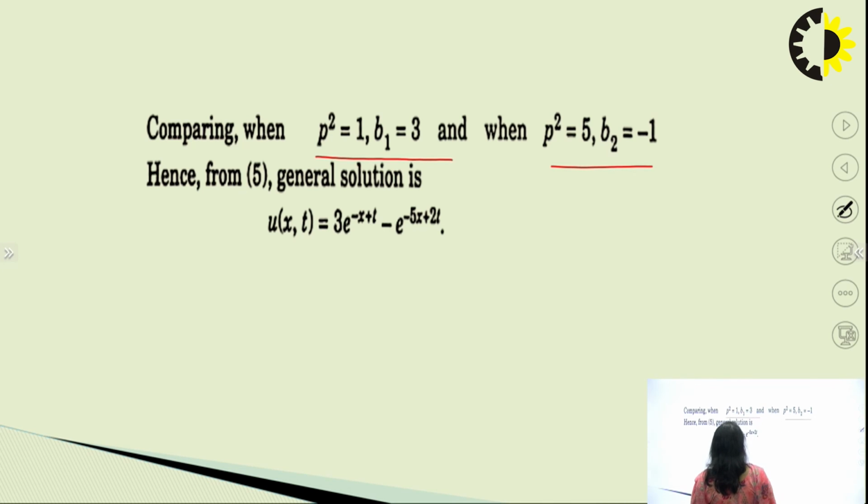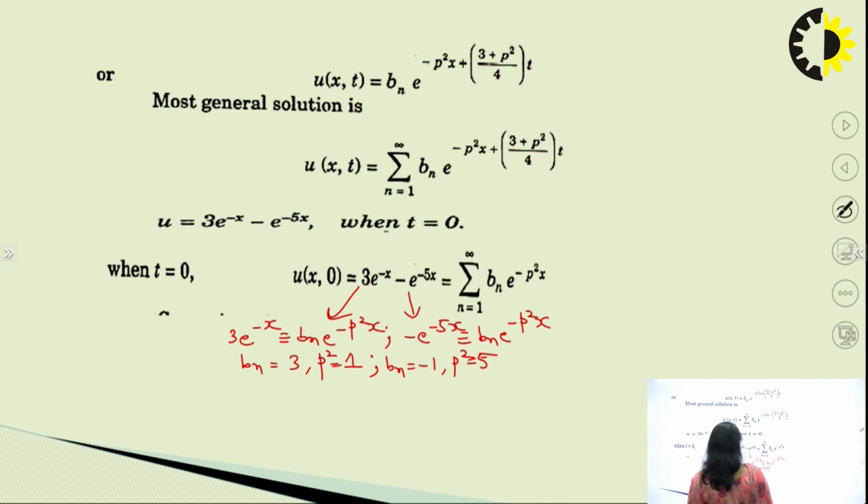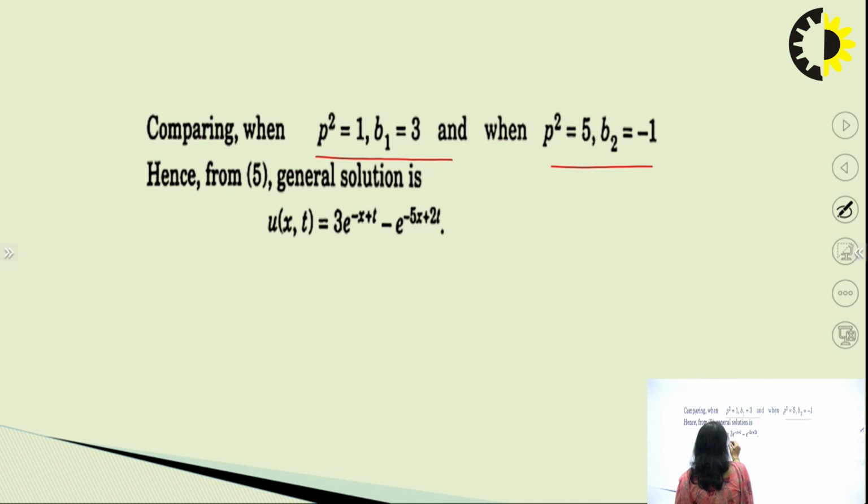And if I substitute these values in the previous equation, this is my equation number 5. If I substitute bn and p square, I'll get the solution as 3 e to the power minus x plus t minus e to the power minus 5x plus 2t.